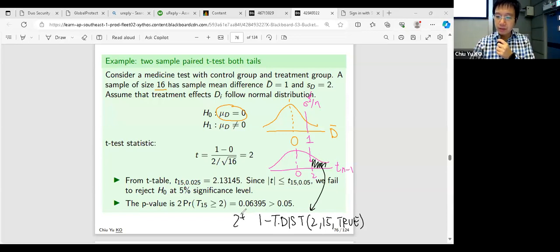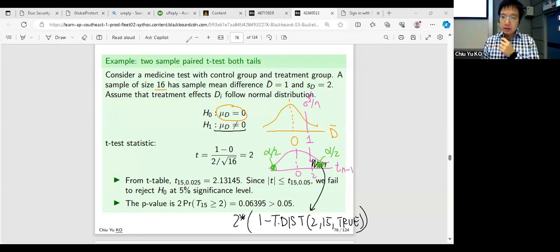But suppose you don't know how to do that, because I do it two-sided. You have to figure out the 5%, 2.5% here. Suppose alpha over 2 is here, and alpha is 5%. So look at the table again, at the critical value.